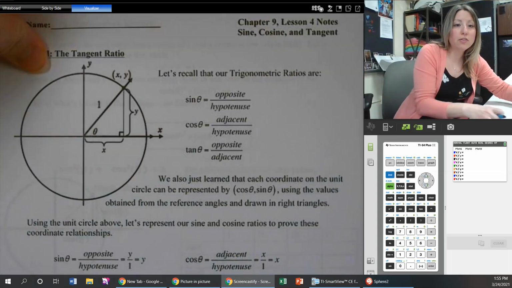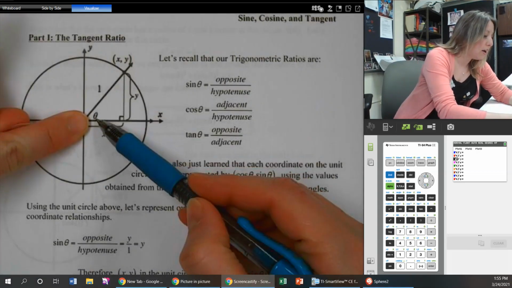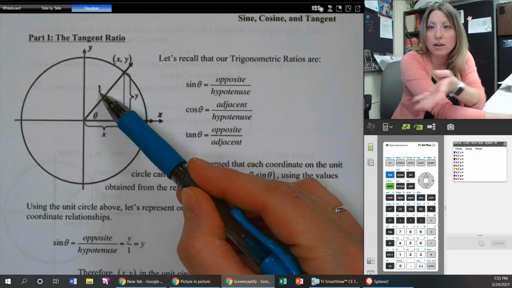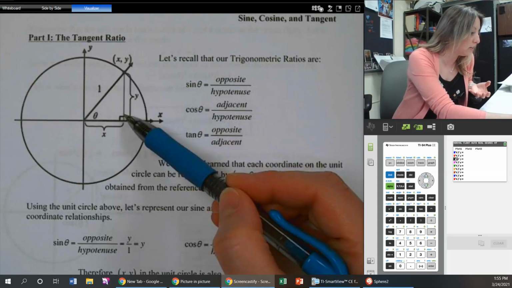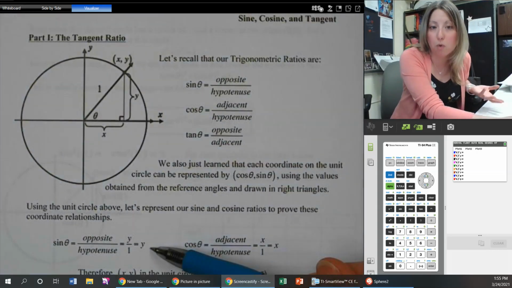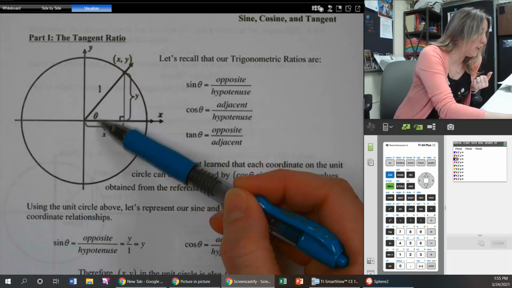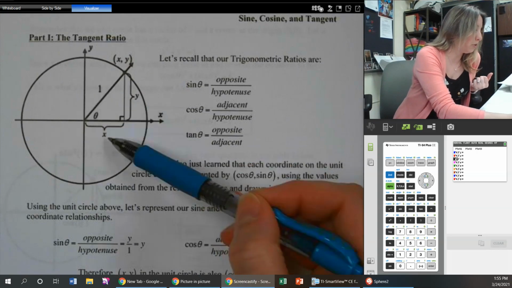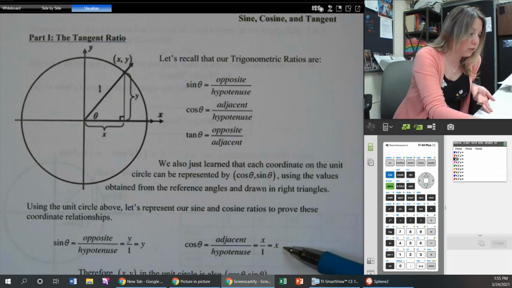And where that comes from is how sine, of course, if this is my theta, is opposite over hypotenuse. Well, guess what? The hypotenuse in the unit circle is always going to be 1. So it's going to be your y distance over 1, or just your y. And how your cosine of theta, so if this is your theta, cosine is adjacent over hypotenuse. So it's your x distance over 1, which of course is just your x.